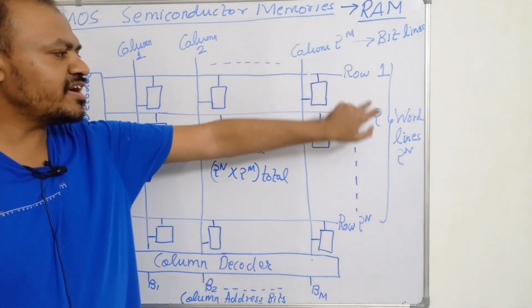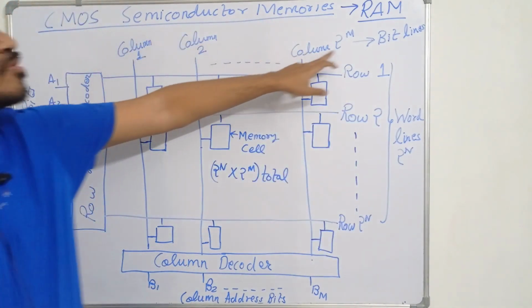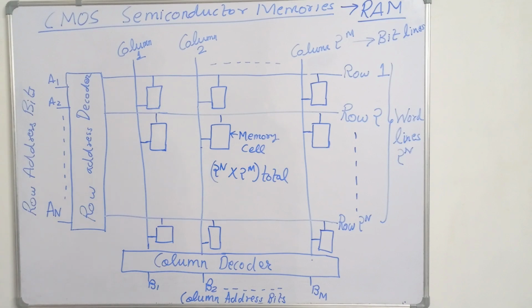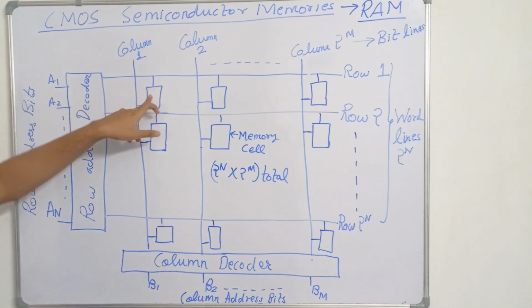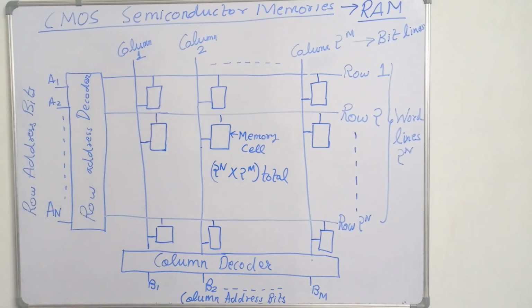So we have from 1 up to 2 to the power n rows, and from 1 up to 2 to the power m columns. So this is the typical organization of a RAM array. Each cell is capable of storing binary information. So this cell can store either 0 or 1. This cell also can store either 0 or 1.